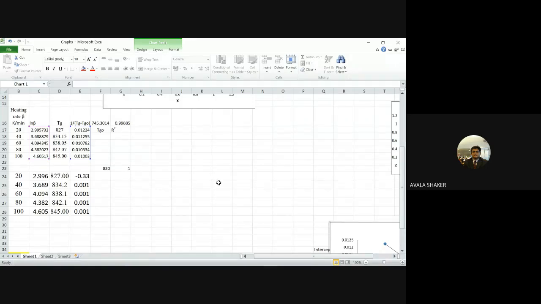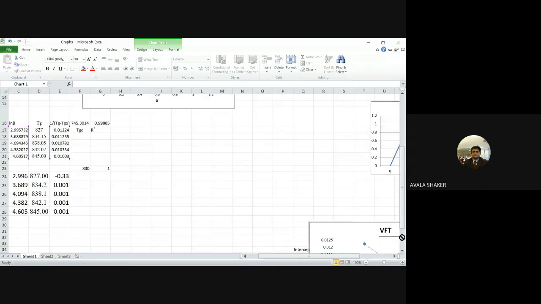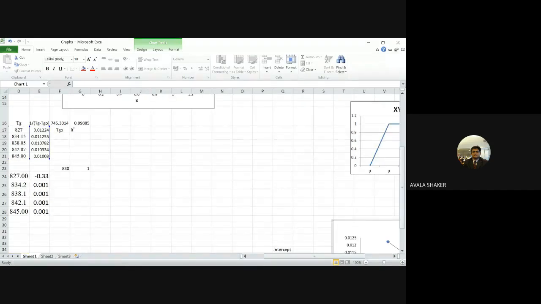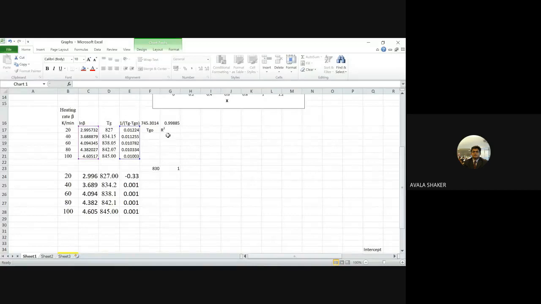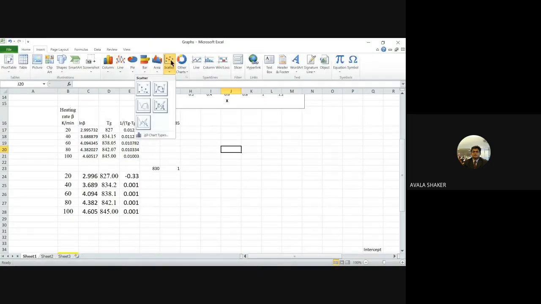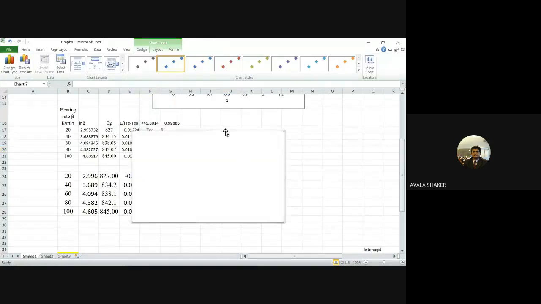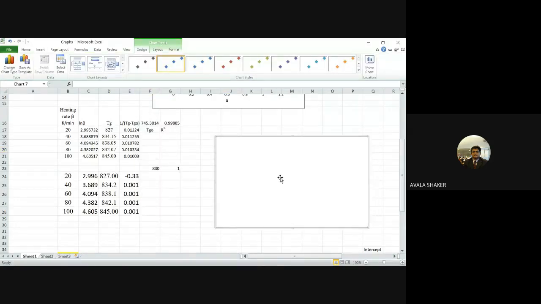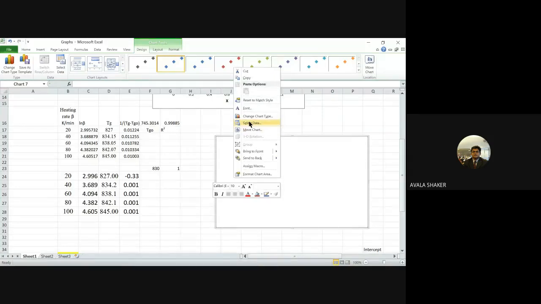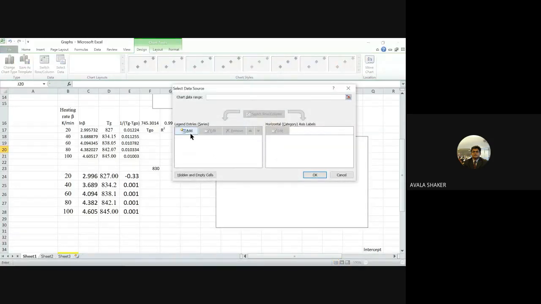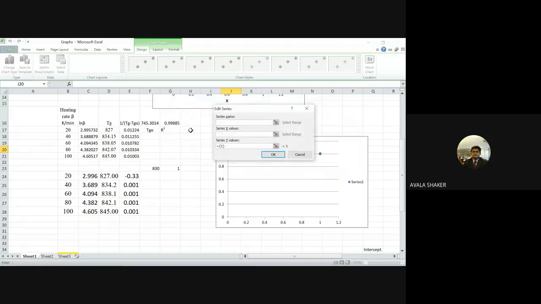Let us plot a graph of this and see what we get before we do the other calculations. With 830, let us plot a graph. What we will do is insert an XY scatter. Right click on it, select data, add.